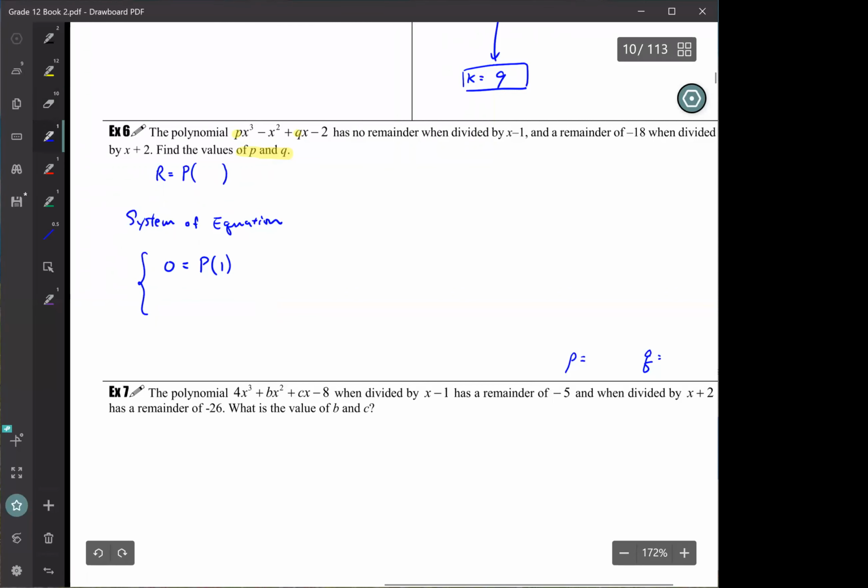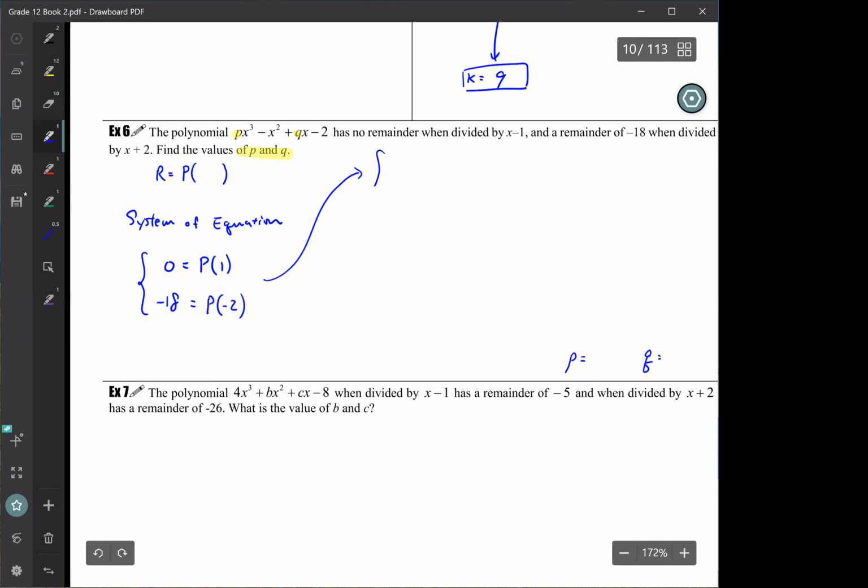For the second part, Cindy, how do we get the second equation? I did P of -2, and that should equal -18. Yeah, okay. So each of them has substitution, right? You need to sub in the value and then you get the equation.